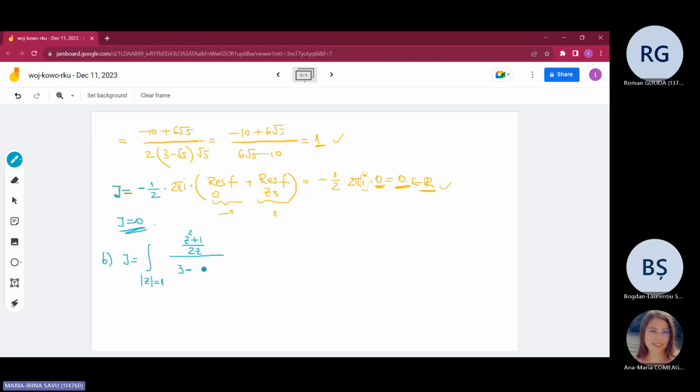And this is 3 minus cosine, squared, times dz over iz, because this was dx. Is this the function that you have obtained? Or at least at first, because I need to make some computations here.